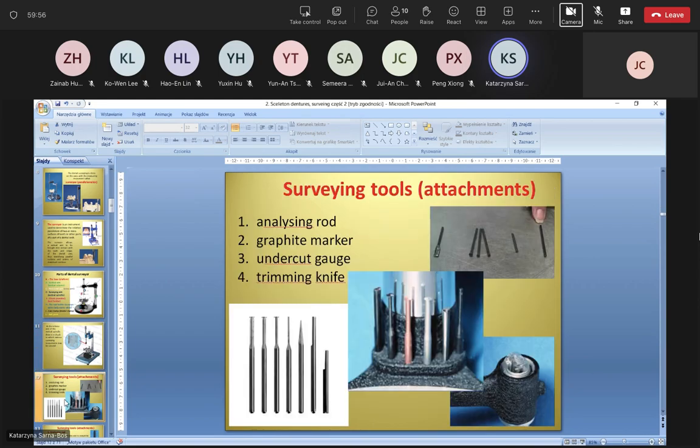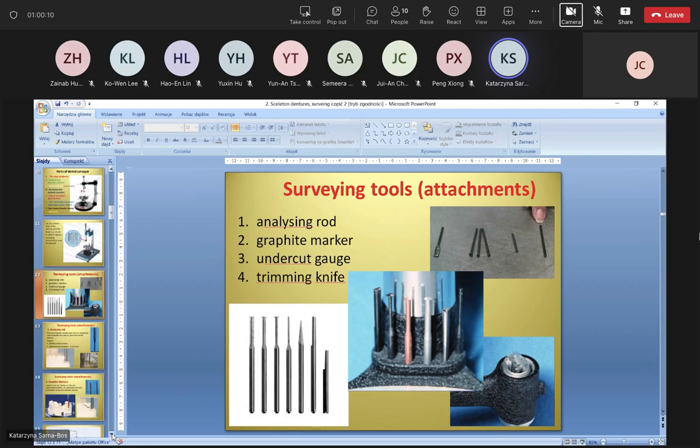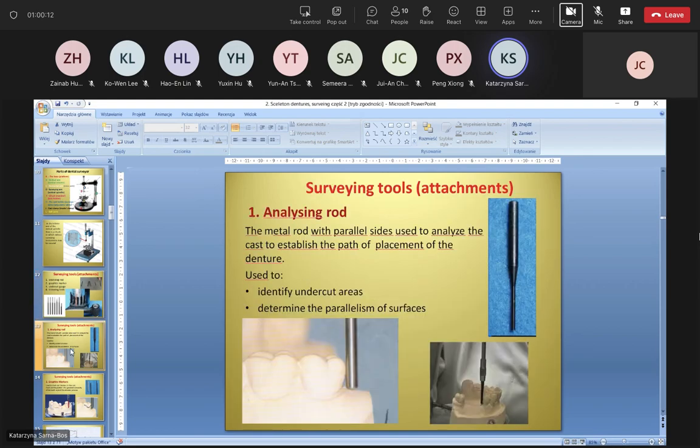Here you have the surveying tool attachments. We have the analyzing rod, graphite marker, undercut gauge, and trimming knife. First of them is the analyzing rod. This is a metal rod with parallel sides used to analyze the cast to establish the path of placement of the denture.